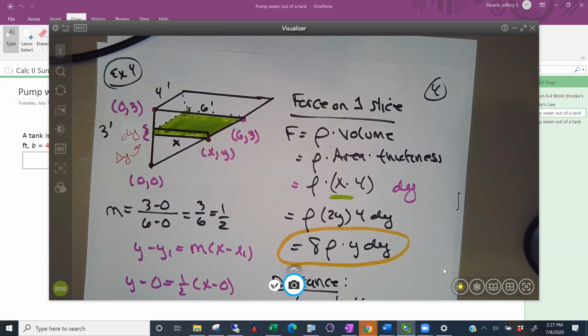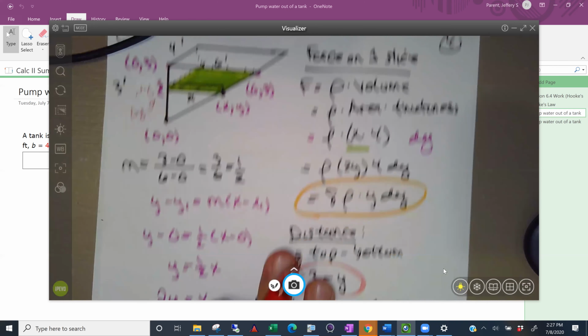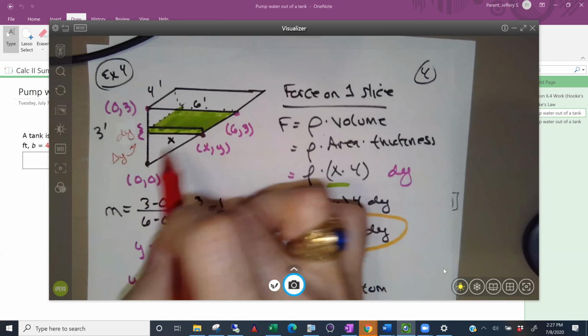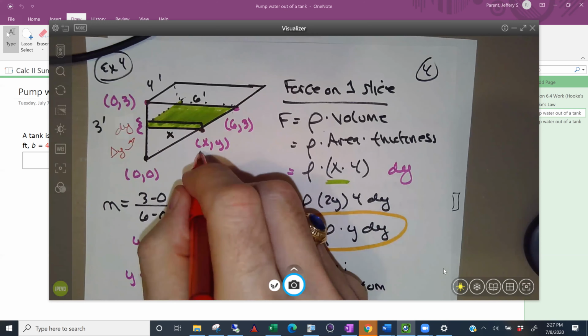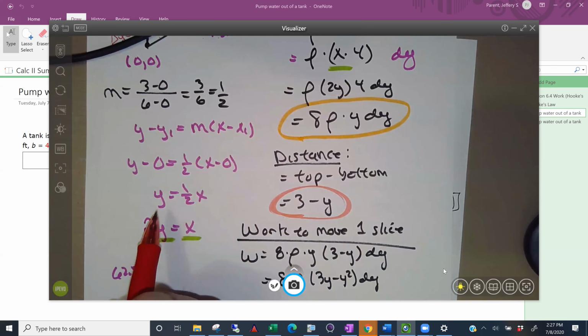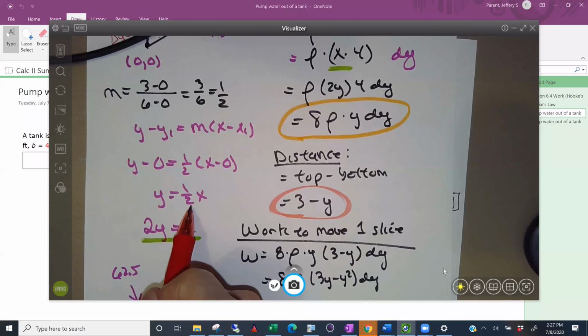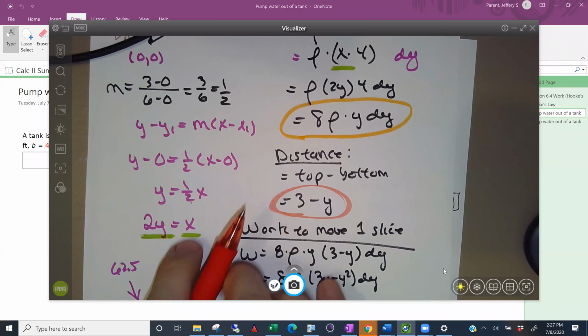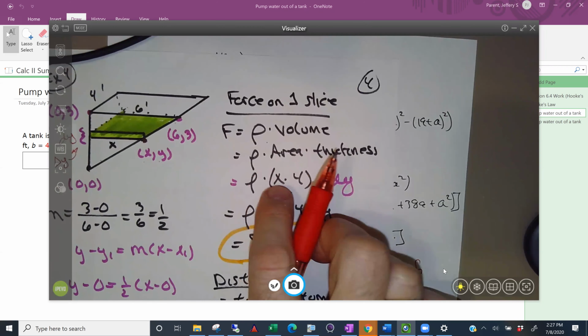Yeah, and then also, what exactly was the purpose of finding m? Oh, the slope. I needed the equation of a line between these 2 points because that gave me a relationship between x and y right down here that I could use in finding the expression here.